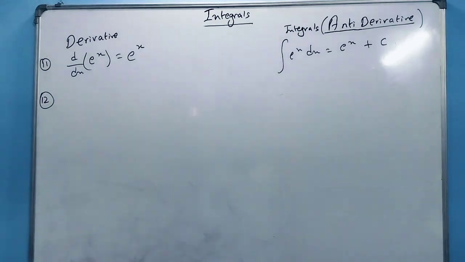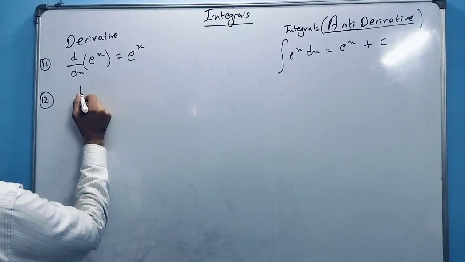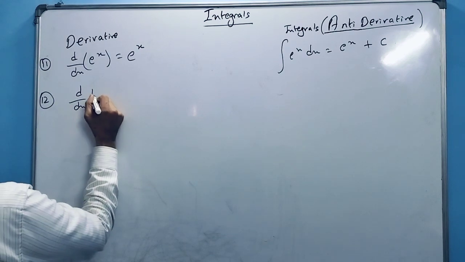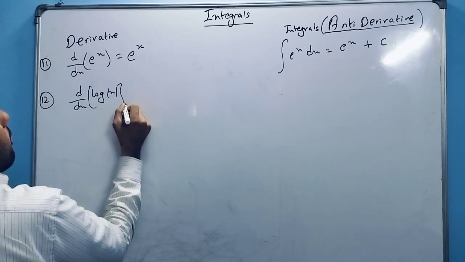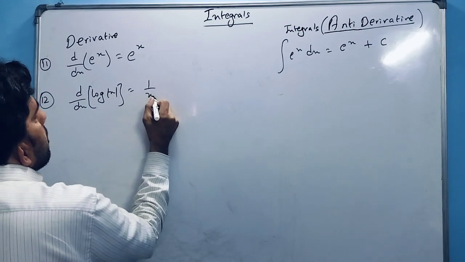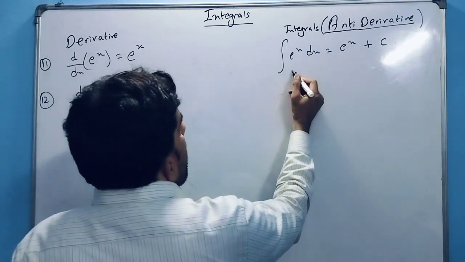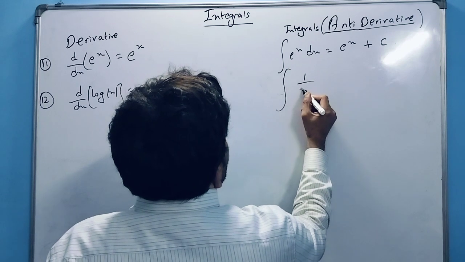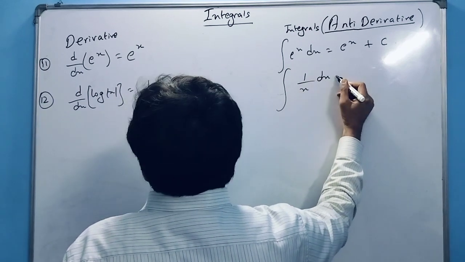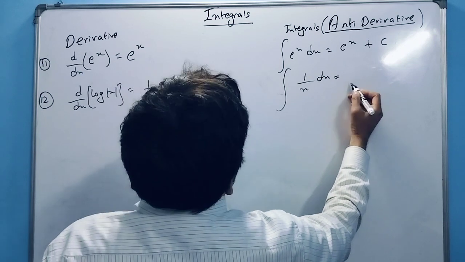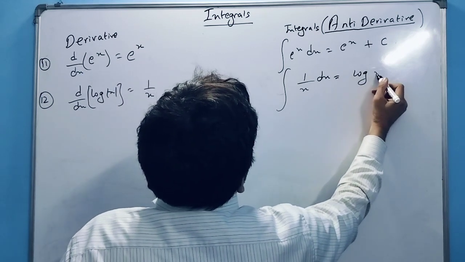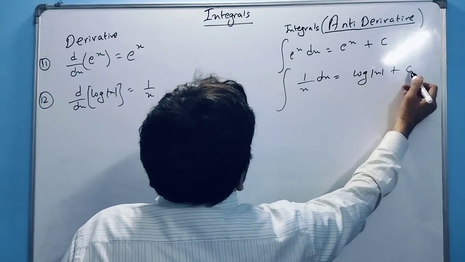Now we have more formulas here. If I differentiate log x, what I will get here is 1 upon x. Here, if I try to find the integration, sorry, the integral of 1 upon x will be log x plus c.